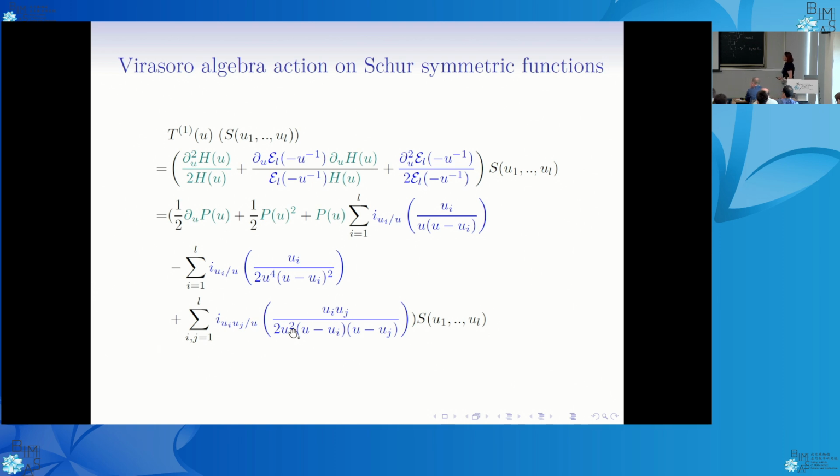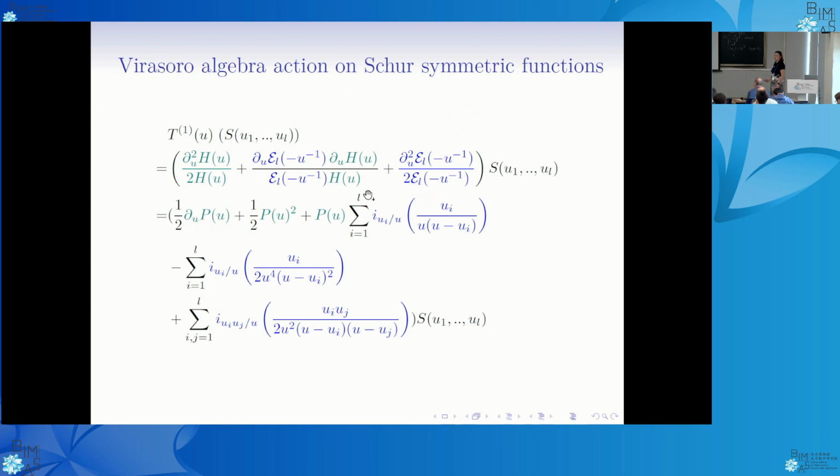If someone were interested in how a particular coefficient here acts on a particular Schur symmetric function, they would have to find the coefficient of the particular monomial, and see what kind of combinatorics it would involve. We would have to multiply power sums by Schur symmetric functions.